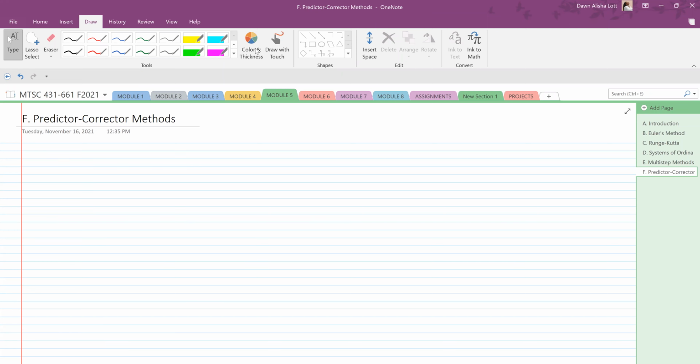If you remember, the Adams-Bashforth are all explicit methods, and the Adams-Moulton are all implicit methods. So it would be nice if you could predict with the Adams-Bashforth method, and then correct with the Adams-Moulton method. That means we'll get a guess, a predictor, for the next point, and then we'll correct it.